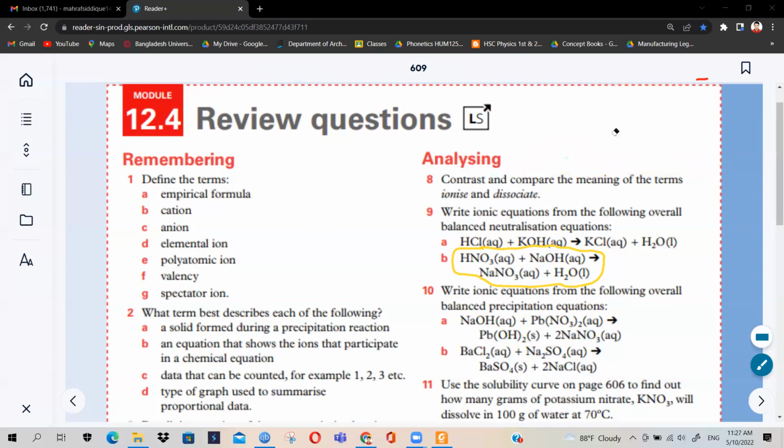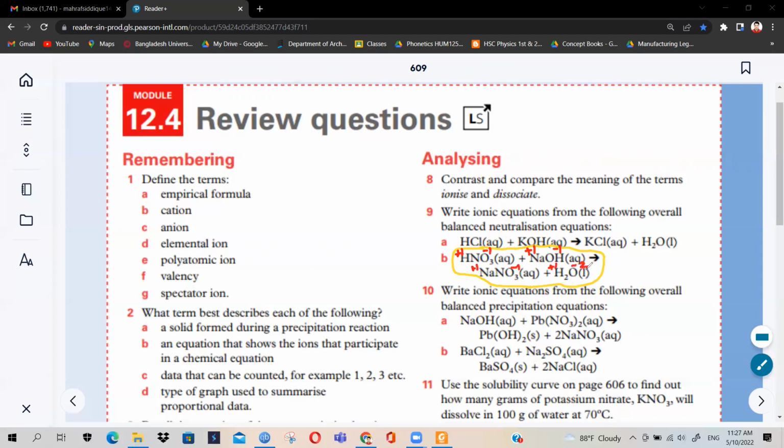So I'll write down the answer. If you find any discrepancies, please let me know. Nitric acid, HNO3: here hydrogen is +1, nitrate is -1. Sodium hydroxide: sodium is +1, hydroxyl ion is -1. Then sodium +1, nitrate ion -1, hydrogen +1, oxygen -2.